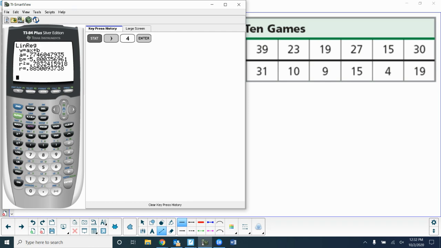Now some of you, like Robert, that have this one that's a little thinner, and the colors are whites and pinks and blacks and blues, you're gonna have to go down arrow till the bottom one that says calculate is highlighted. Then hit enter and it'll bring up the same screen that I have.